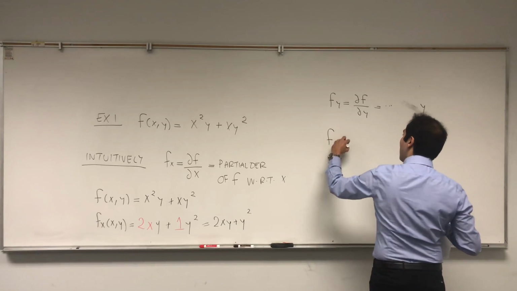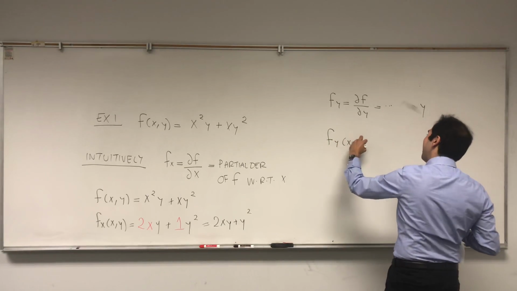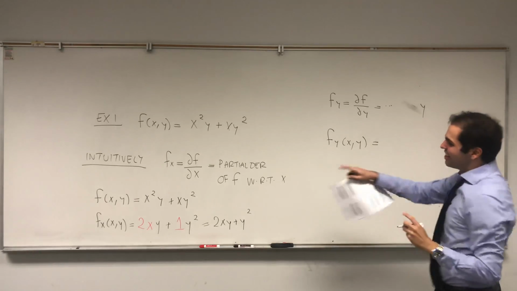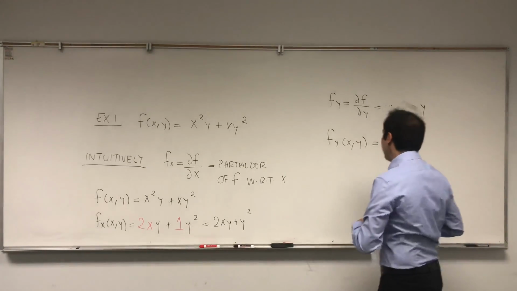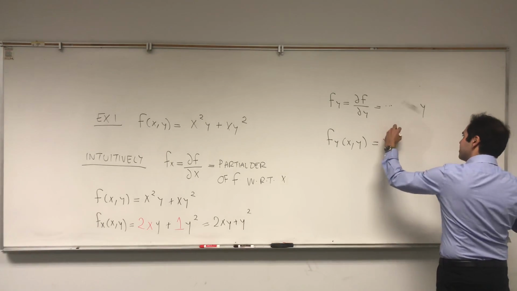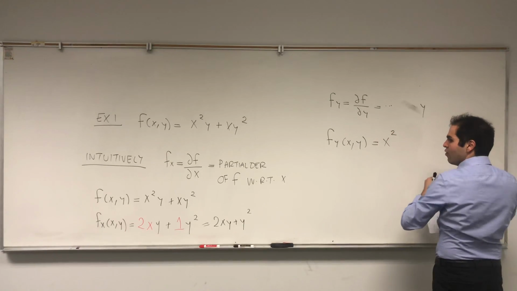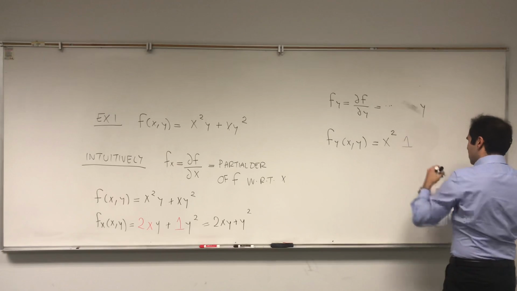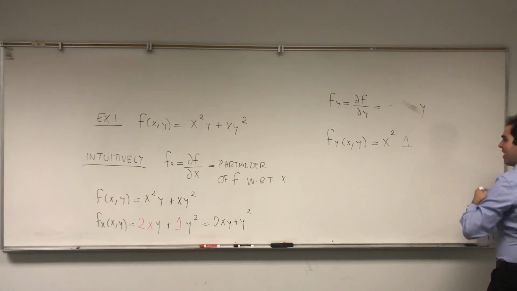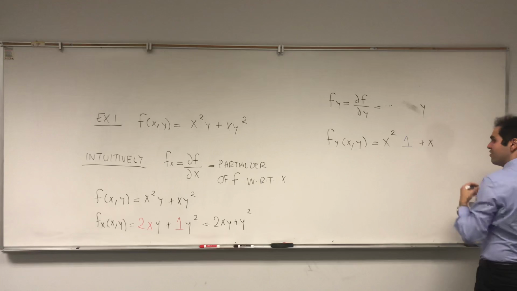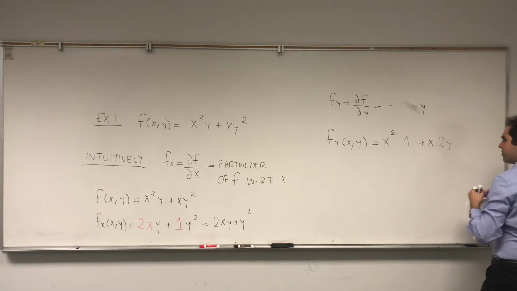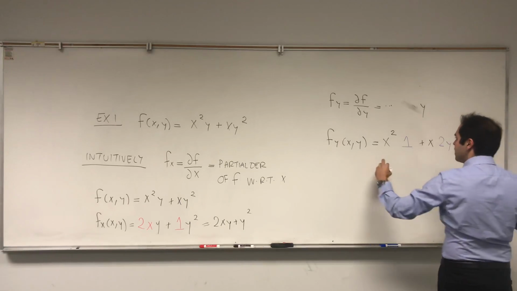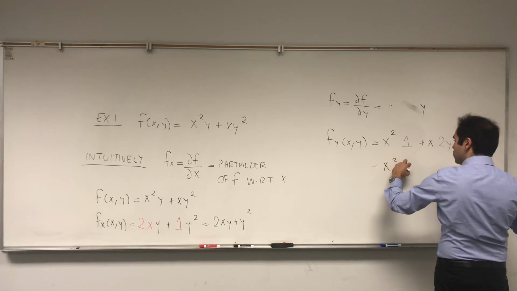So very important, you just take this function and differentiate with respect to y. So x squared is constant, but now the derivative of y is 1. And you leave x constant again, and you differentiate y squared to get 2y. And in the end, you get x squared plus 2xy.